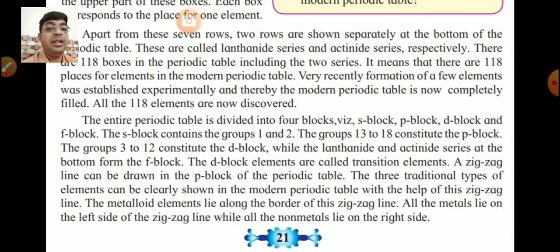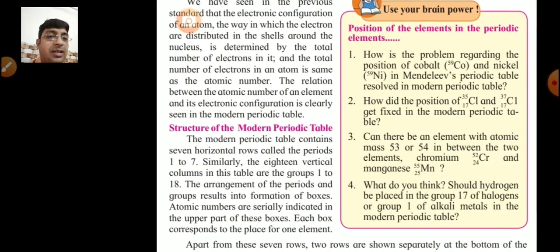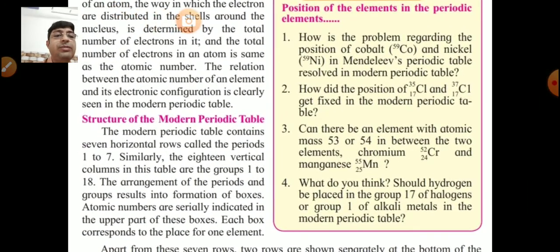The metalloid elements lie along the border of the zigzag line. All the metals lie on the left side of the zigzag line, while all the non-metals lie on the right side. So this is the structure of the modern periodic table.